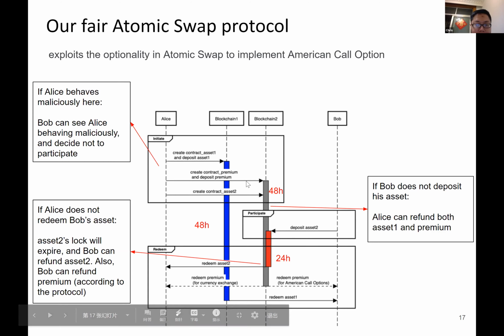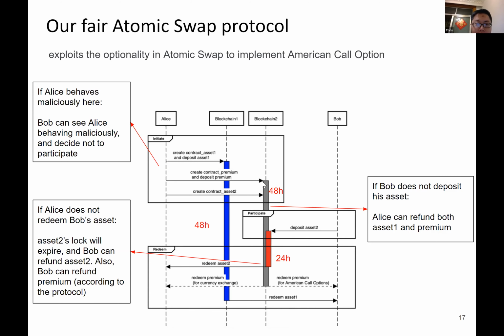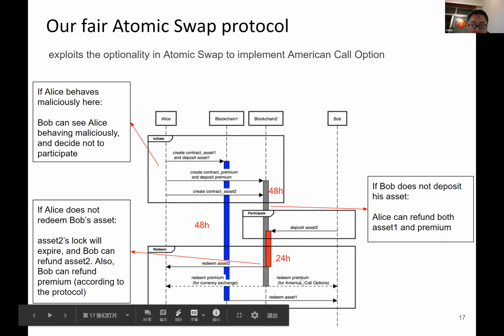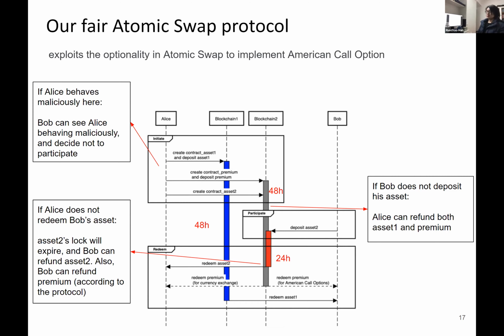The challenge is you need to decide the time lock carefully so that there's no chance that either party can misbehave. For example, if you allowed redeeming premiums too early, then Alice may just redeem the premium and then Bob gets nothing. Yeah, I think that's the challenge. That's exactly our second point.